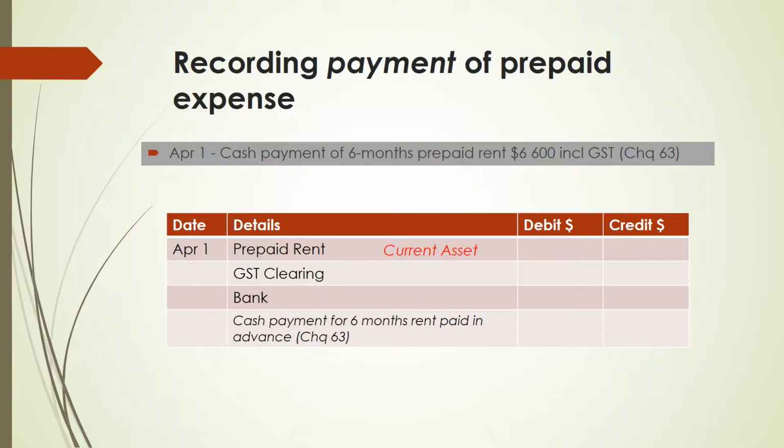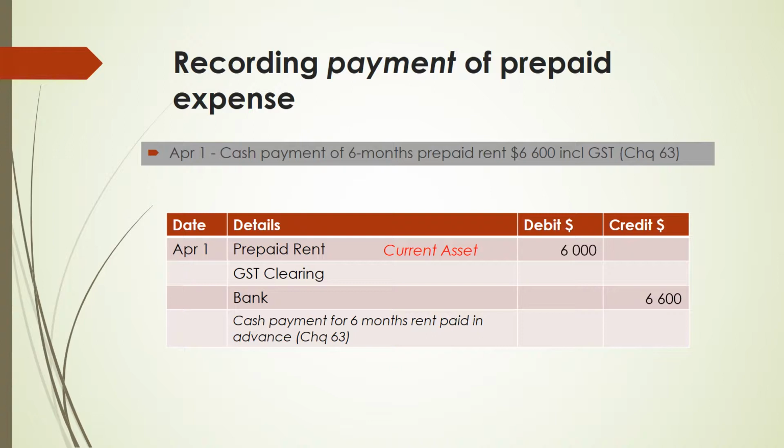Let us have a look at how we record the payment of prepaid expense. Here in this example, on the 1st of April, we are making a cash payment for prepaid rent totaling to $6,600 including GST. First, we start off by crediting the bank account for the total amount paid, which was $6,600. Then we debit the prepaid rent account for the amount of $6,000.